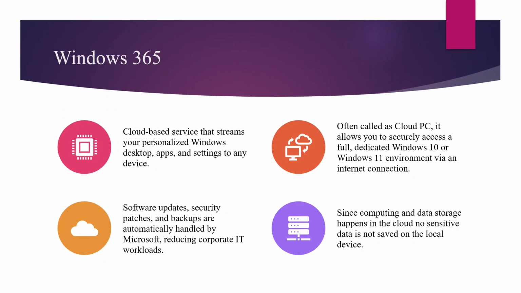This means the actual Windows desktop runs in the cloud and the user can access it from different devices. For example, a user can access their cloud PC from a personal laptop, office device, tablet, or supported browser. The user gets their desktop, apps, settings, and data from the cloud.